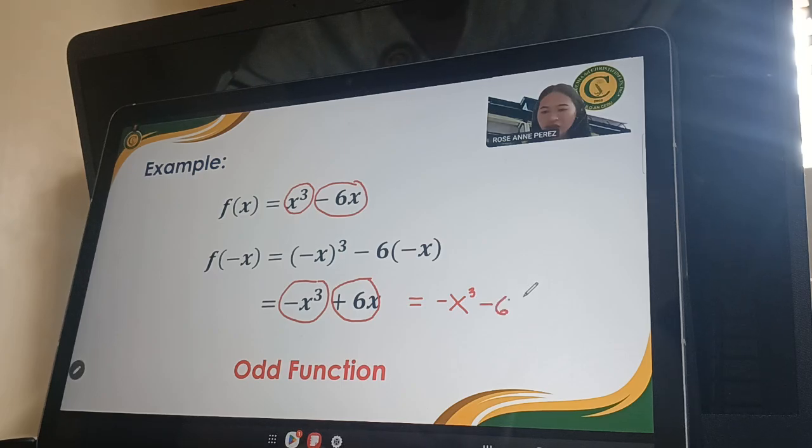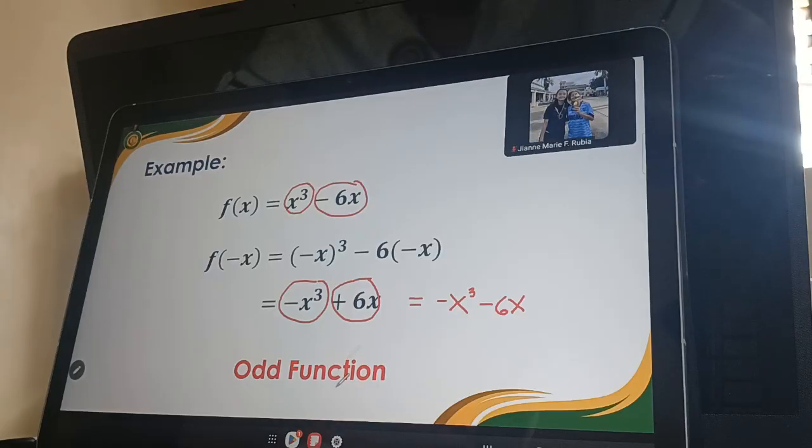Then the conclusion will be it's neither odd nor even. So we can say it is odd if the sign is opposite per term, and even if exactly the same.